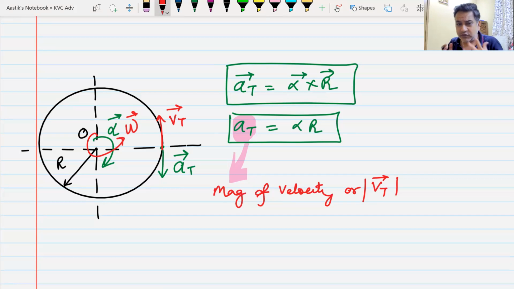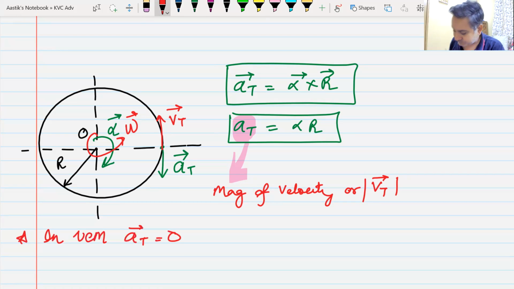But in uniform circular motion, whether the magnitude of velocity is changing or not, one thing is definitely changing. What is that thing that is definitely changing, even if it is uniform circular motion? In uniform circular motion, the magnitude of tangential velocity does not change. In UCM, tangential acceleration is 0.